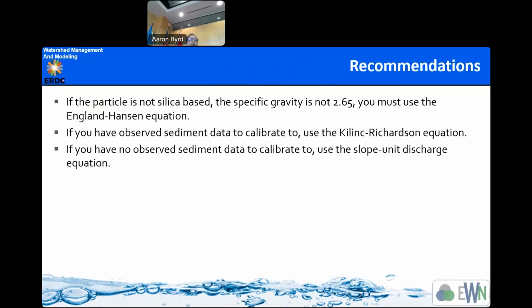So if it is not uniform specific gravity, the England-Hansen equation, which takes account of all the fractions, is what is meant here. That's the best if you want everything distributed and taken into account. That is the physics-based equation, so you apply that. If you have observed sediment data to calibrate, likewise.